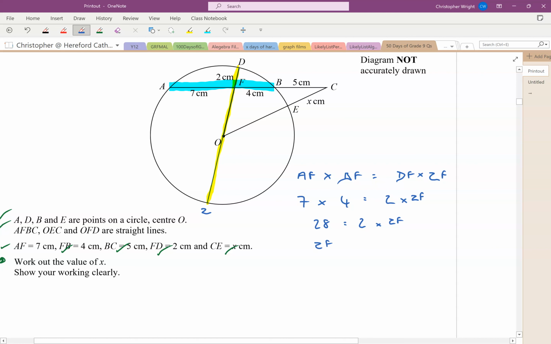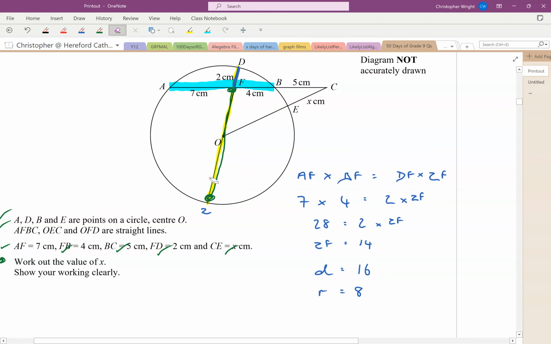So ZF is 14. Right, so all the way from here to here is 14, which means that the whole of the diameter is 16. So I know the diameter of the circle is 16, the 14 plus this 2 here. So that means I now know the radius is 8.